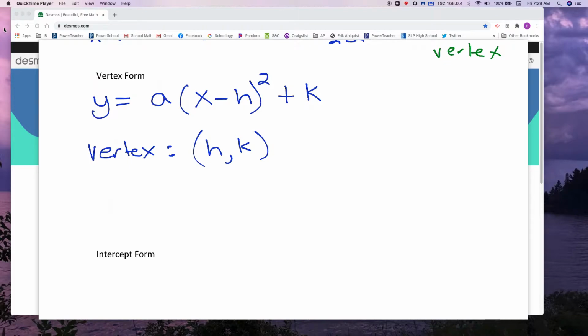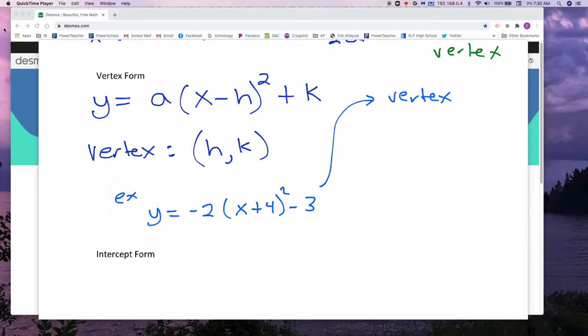So quick example on that, if I gave you the equation y equals, I don't know, negative 2 times (x plus 4) squared minus 3. If we were to look at that equation, the vertex on that equation is negative 4 comma negative 3.